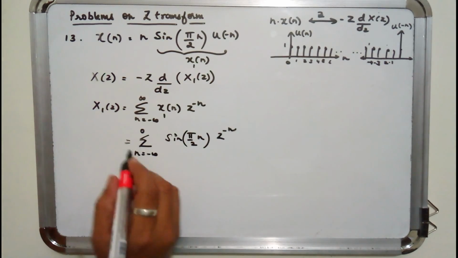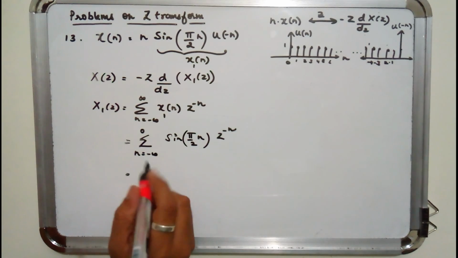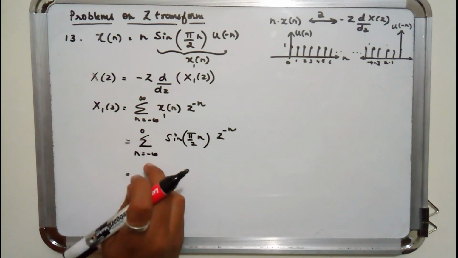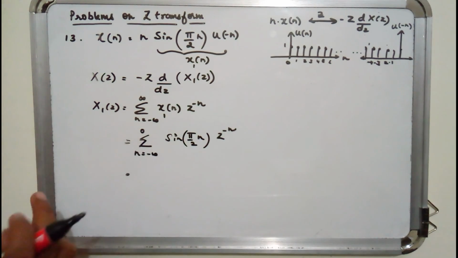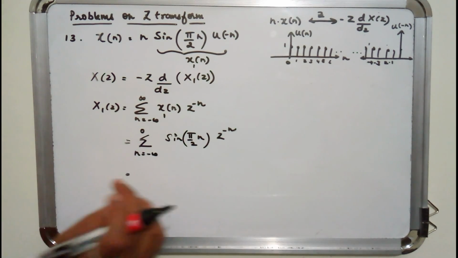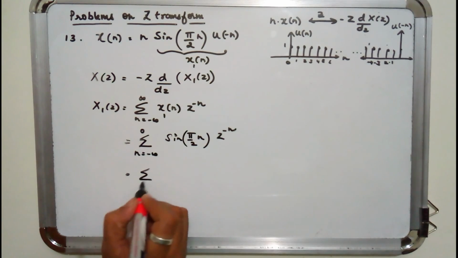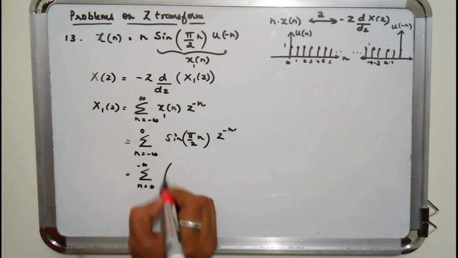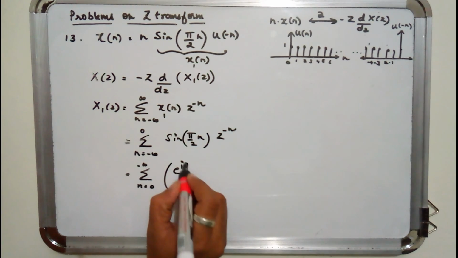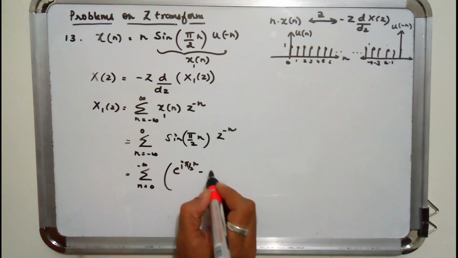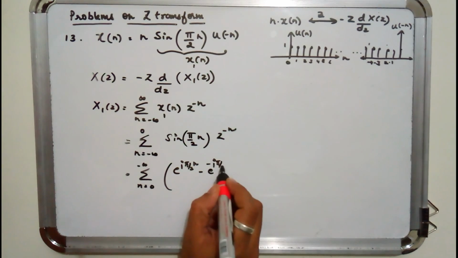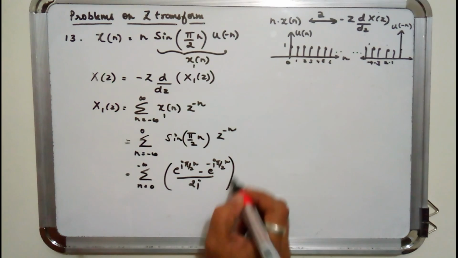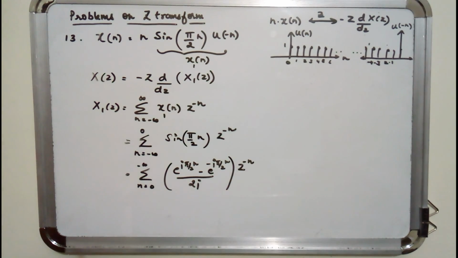Now as usual, you have the equation for sine, and I'll change the limit to infinity, because I have a standard formula for summation 0 to infinity. So summation n is equal to 0 till minus infinity, sine I can write as e power j pi by 2n minus e power minus j pi by 2n divided by 2j into z power minus n.